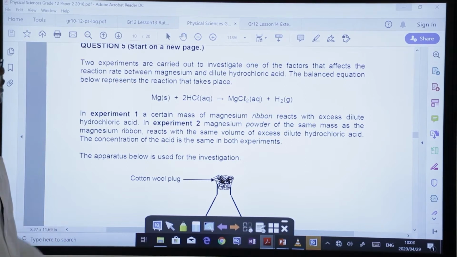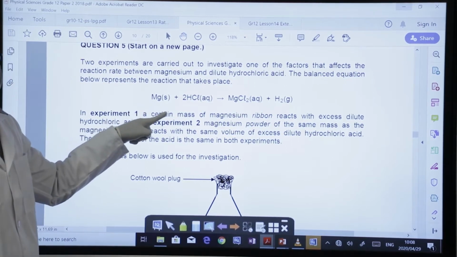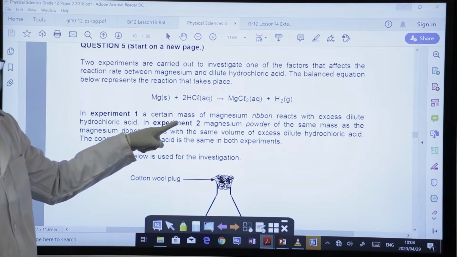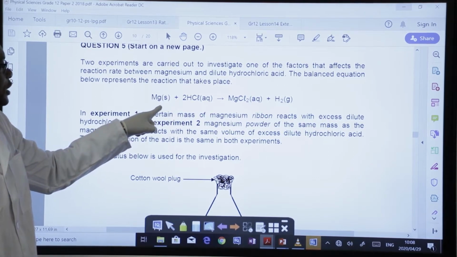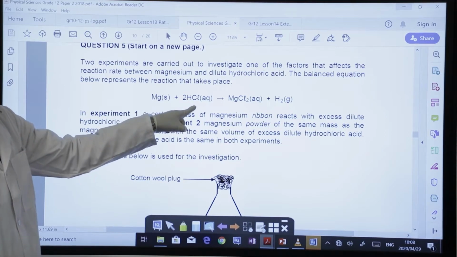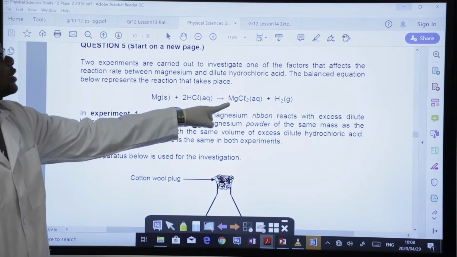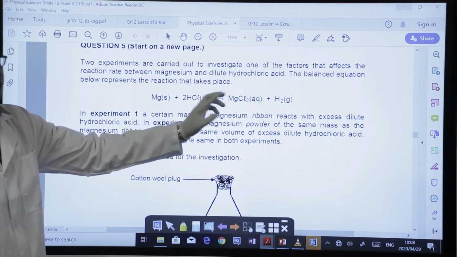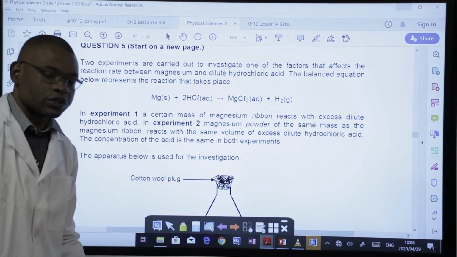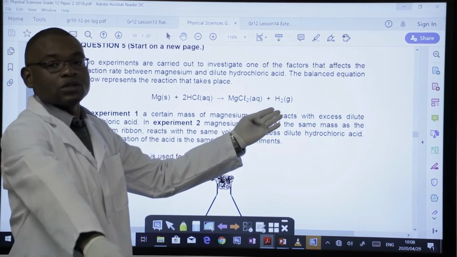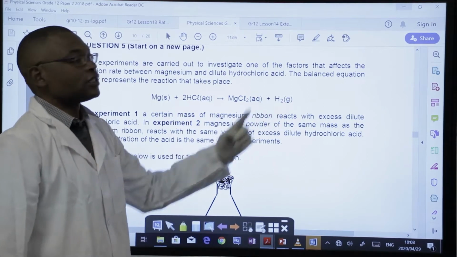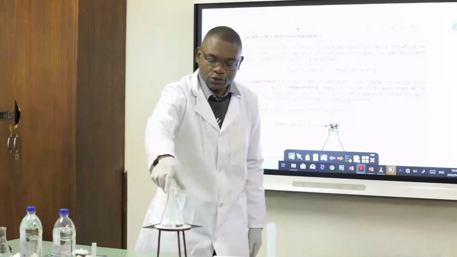So it satisfies what we are seeing on our balanced equation, where magnesium solid reacts with hydrochloric acid to give us magnesium chloride. So this is a salt which is dissolved in the solution. And then the gas we are observing there is the hydrogen gas being produced.